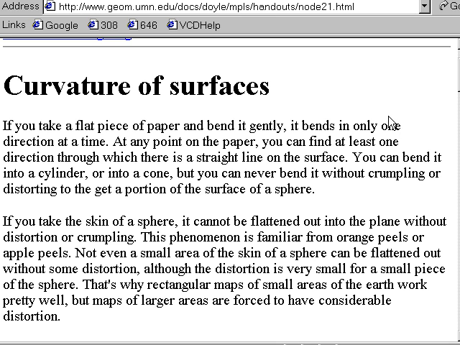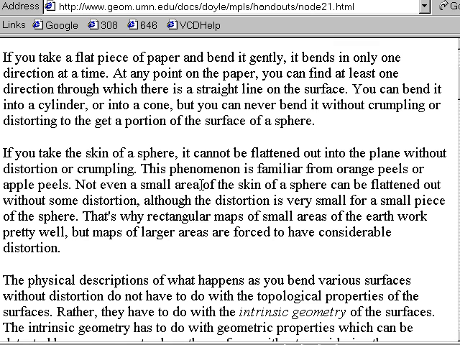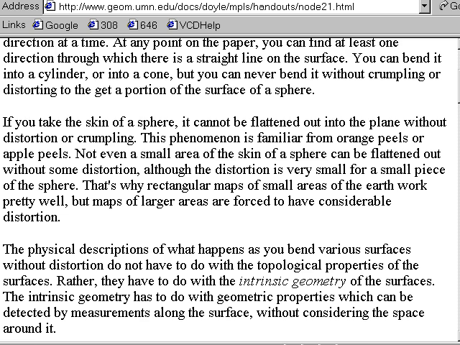And this makes the point that if you take a flat piece of paper and bend it without crinkling it, only one direction at a time, you can still calculate triangles and you can still calculate straight lines on the surface. And you can still calculate, for example, that the angles will add up.